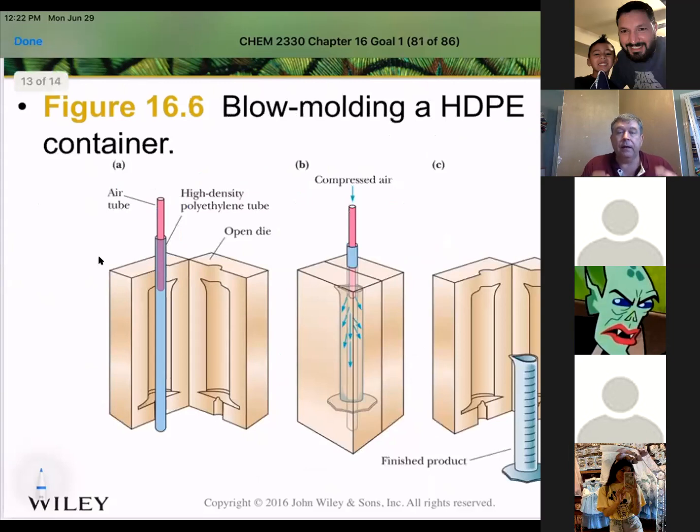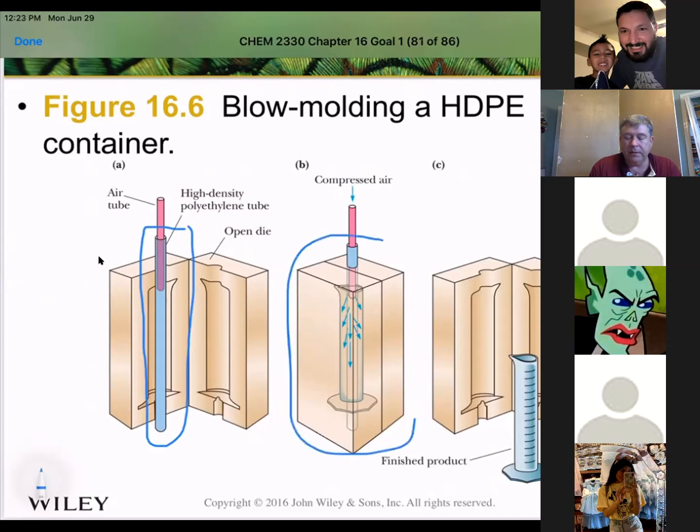Okay. In contrast, you can take high density polyethylene or even PET, polyethylene terephthalate, and do what we call blow molding, which is where you take a small empty tube of just any shape at all, heat it up, and then put it into a mold that is colder than the polymer you have, and blow compressed air into it.